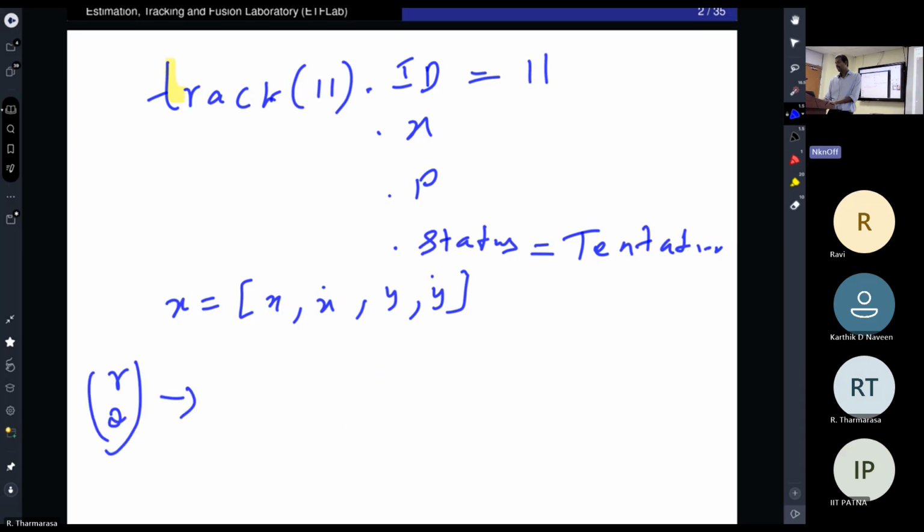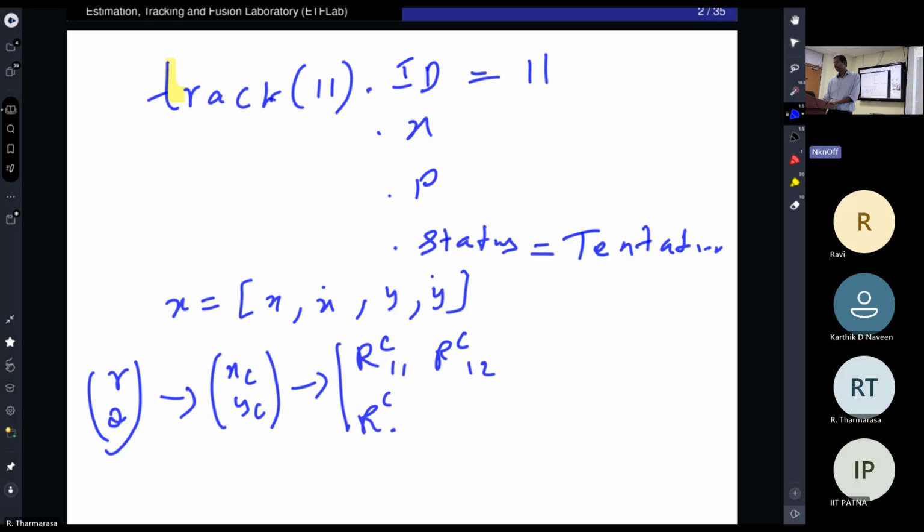Then we convert that into x converted and y converted, and the corresponding covariance R converted. Are you okay with that? I think we already talked about that. So you have R theta measurements, each measurement you convert and find the corresponding coordinates. So clear? Now we are going to initialize that.